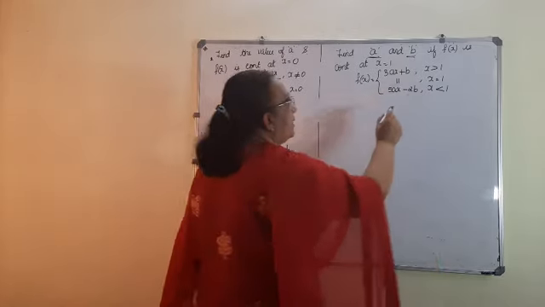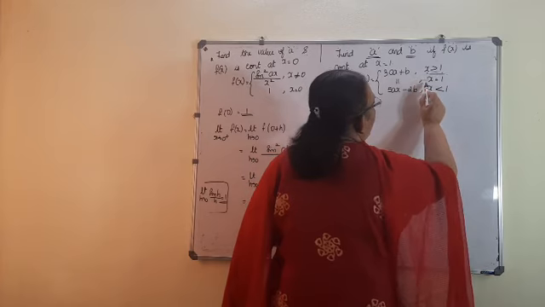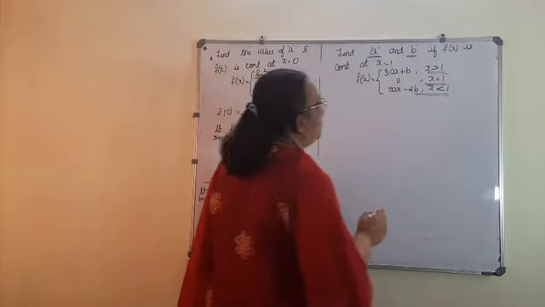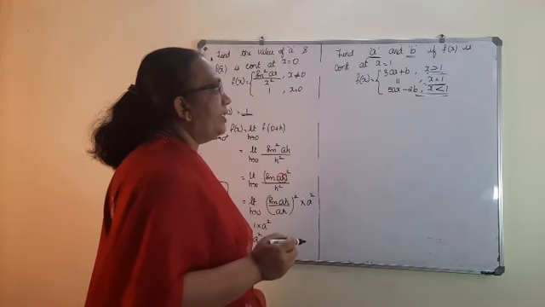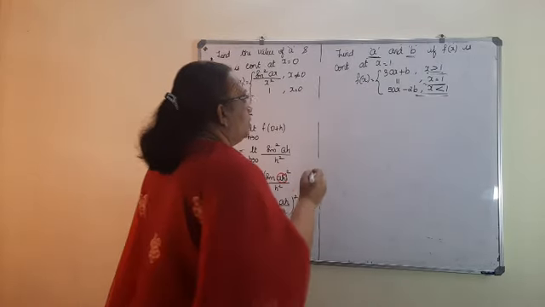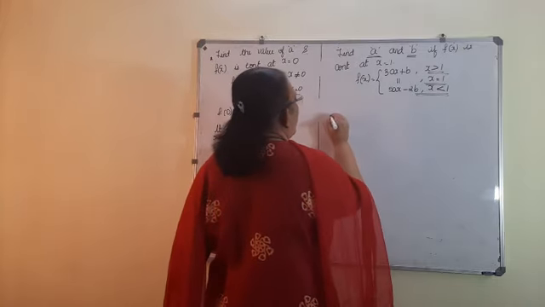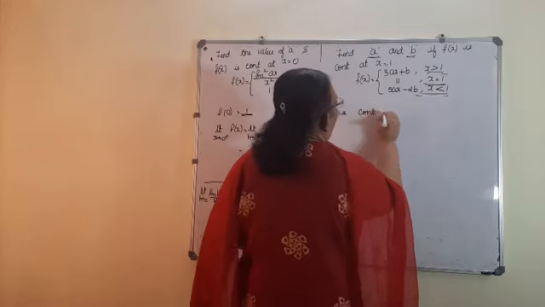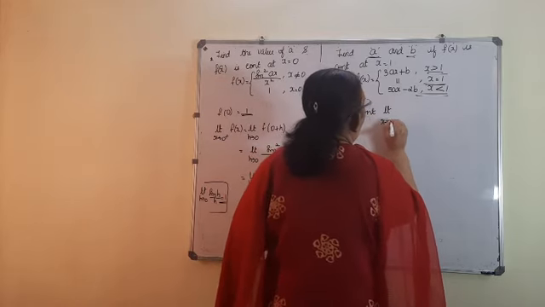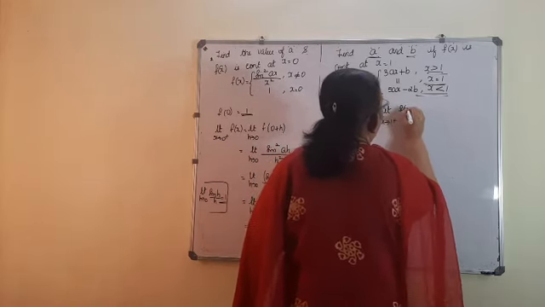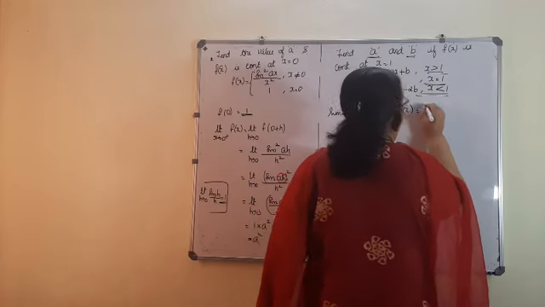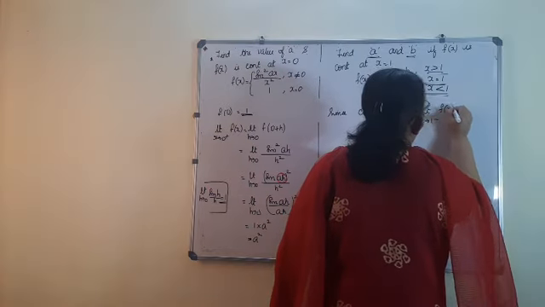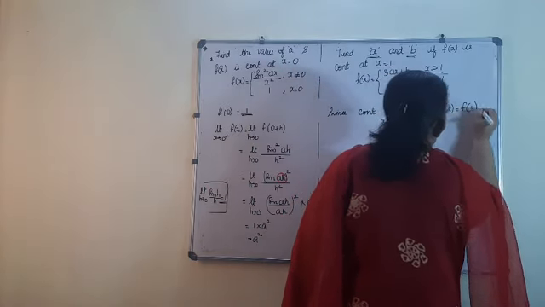So for x greater than 1, we take the right limit; at the point, 11; for x less than 1, the left hand limit, with 5ax minus 2b. So we'll start with, since continuous, limit x tending to 1 plus f of x is equal to limit x tending to 1 minus f of x is equal to f of 1.